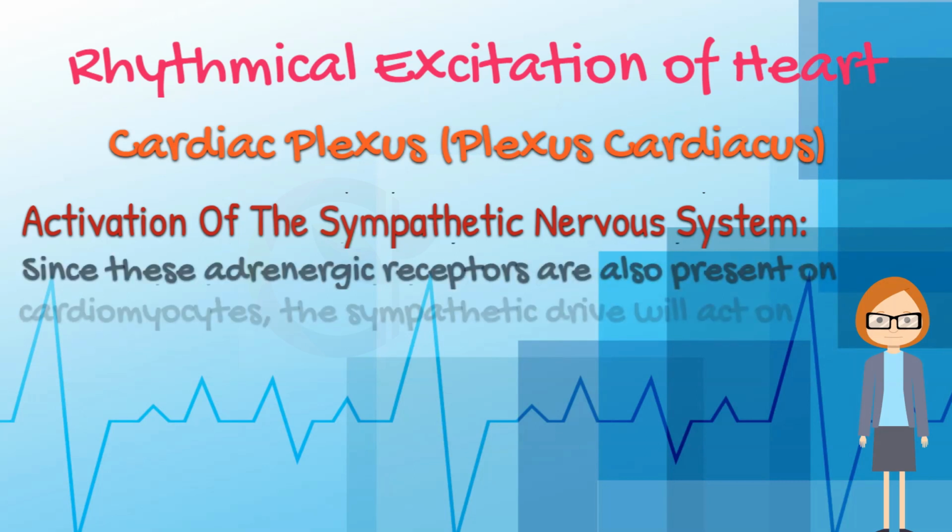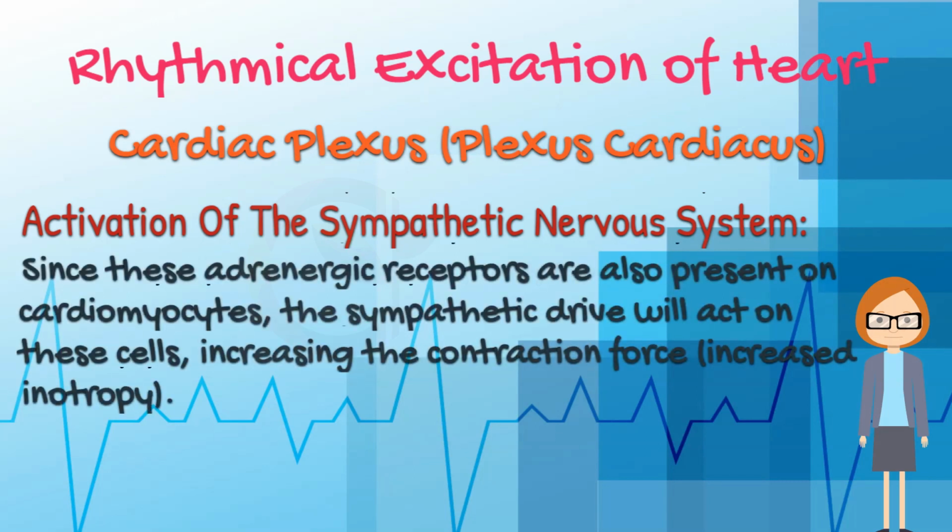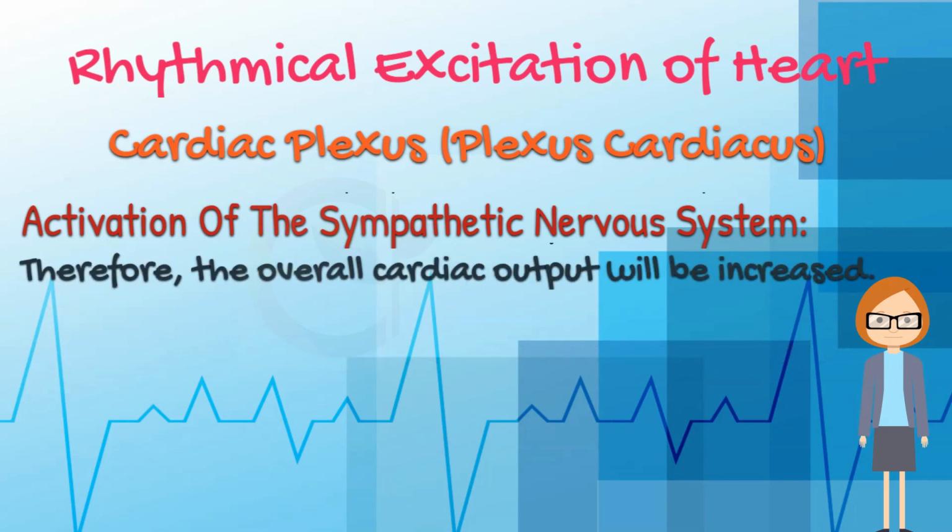Since these adrenergic receptors are also present on cardiomyocytes, the sympathetic drive will act on these cells, increasing the contraction force, that is, increased inotropy. Therefore, the overall cardiac output will be increased.